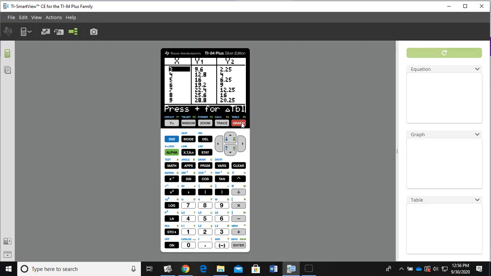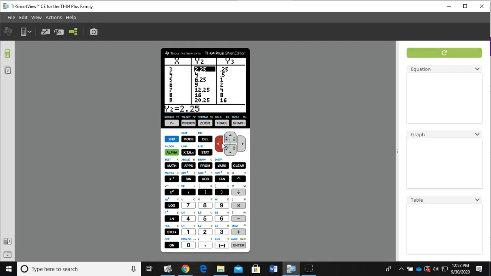That's going to bring up my tables. Notice the x's don't change because the x's are the same for all 3, but the y's are what's changing. This y1 is my line, y2 is the quadratic, and then y3, which I just have to scroll over to see.